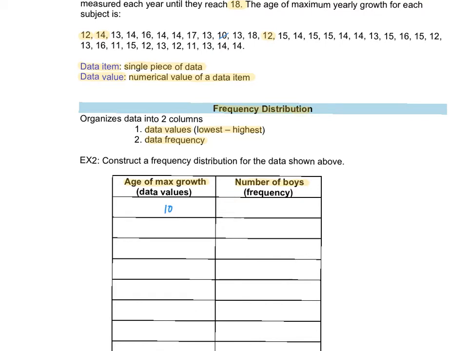It looks like just one. So that frequency is how many of those data values you have. The next one, remember we're going from lowest to highest, would be 11. So how many boys had their maximum growth at the age of 11? If I go through this list, I see 1, 2.